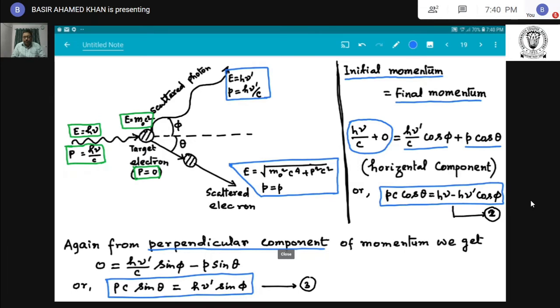Now, from equation 2 and equation 3, first of all I square these equations and then add.